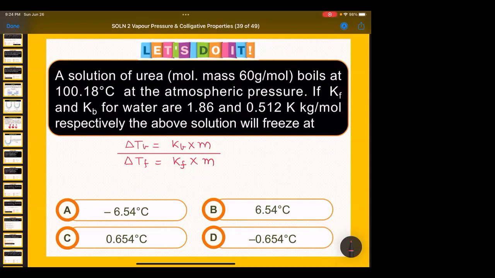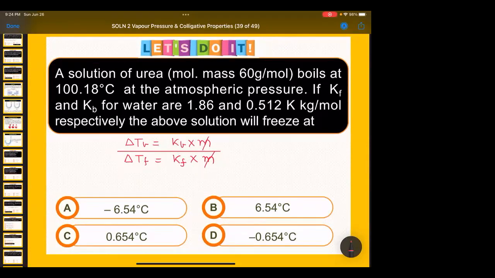As you can see in the question, the concentration is not given, so we need to eliminate the molalities. So molality is going to get cancelled. Delta Tb by delta Tf equal to Kb by Kf, right?